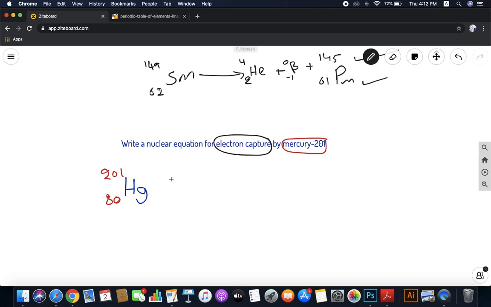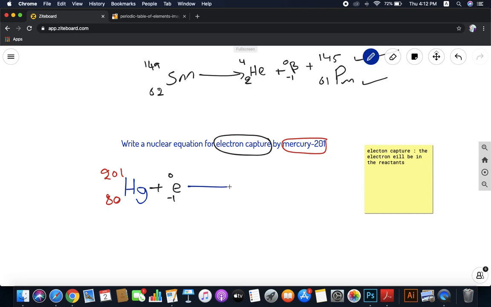From the verb capturing, I will write the electron here. Electron, minus 1. The electron captured, the electron will be in the reactants. So here I'll complete.